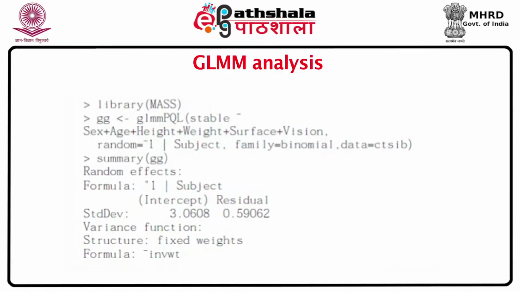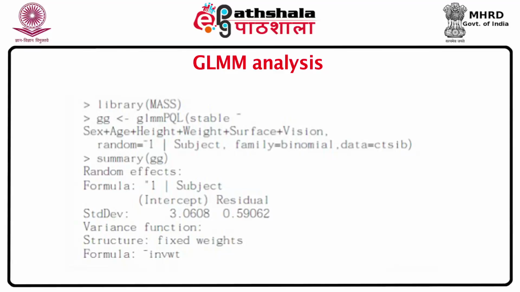If I fit this model and if I ask for a summary, I get a big piece of output. So the first part of output is giving me the formula. It is telling me that the random component consists of a random intercept per subject. The standard deviation for this intercept is 3.06.